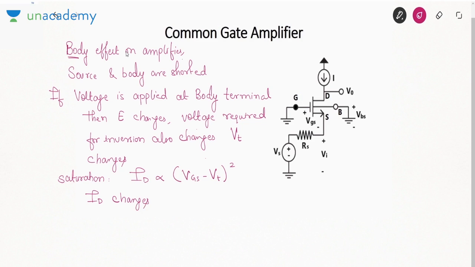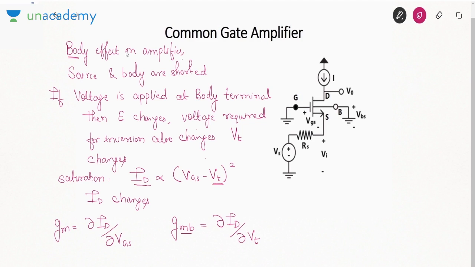If ID changes, remember we defined a transconductance as del ID by del VGS. Similarly, I can define another transconductance GMB, del ID by del VT. Because ID will also change with threshold voltage, it is called as body transconductance.